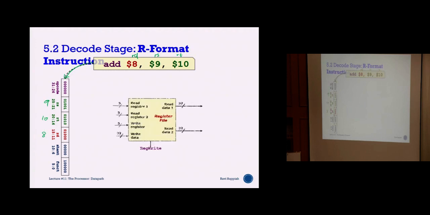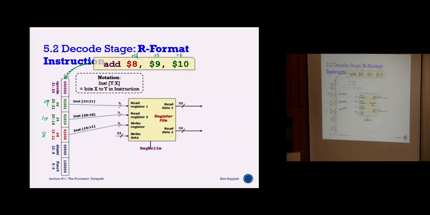Again, this is your opcode. What does that mean? When your instruction is fetched from memory, the bits 25 to 21, which represent RS, must come into my read register 1, because I need to read from this register. The second register I need to read from is the RT, so bits 20 to 16 must come into here.